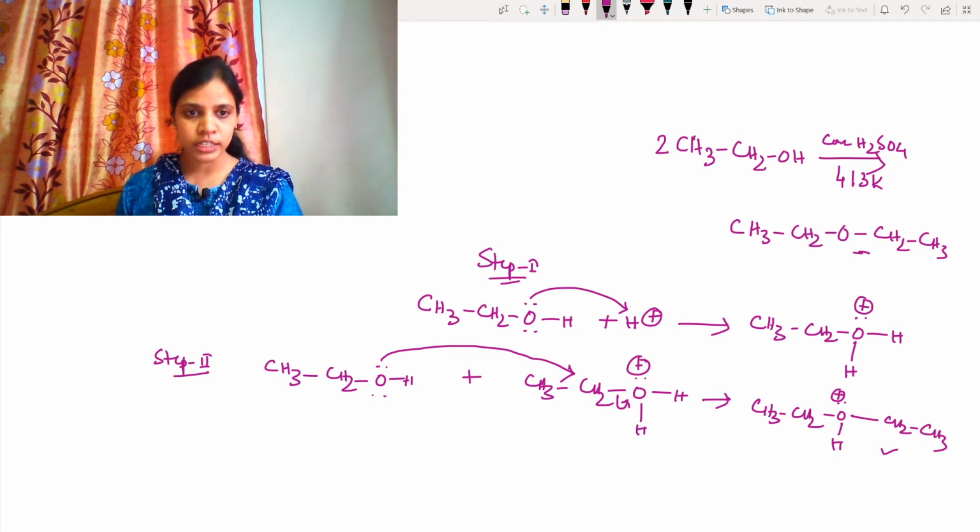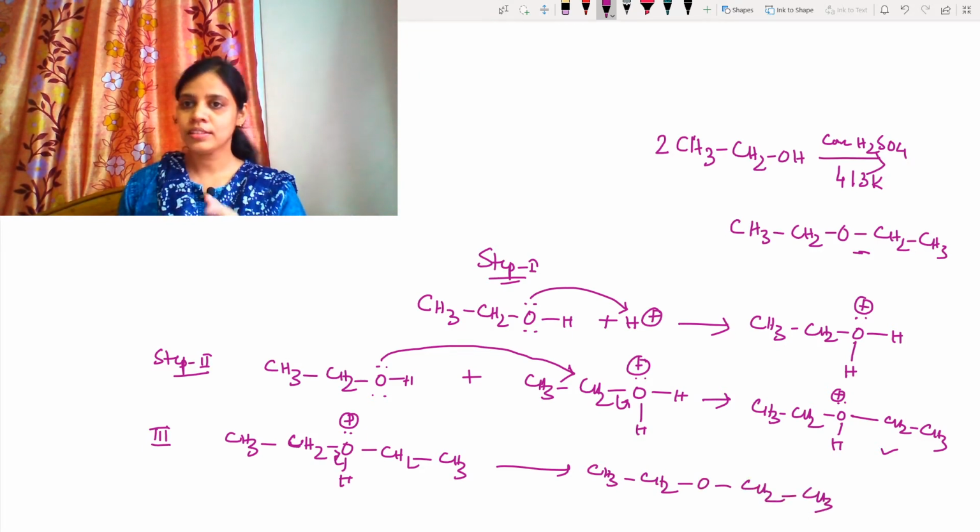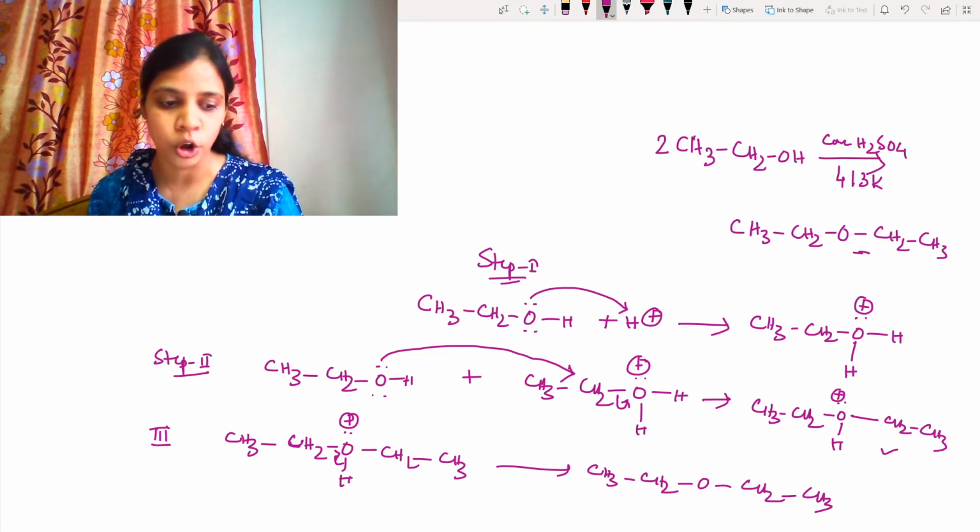So what will we do in the third step? In the third step, we remove this proton. This step is called deprotonation. Then we get the ether, that is ethoxyethane. This is the mechanism, and this way we can prepare ether from alcohol.